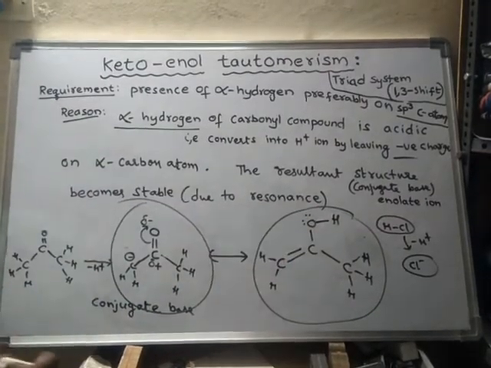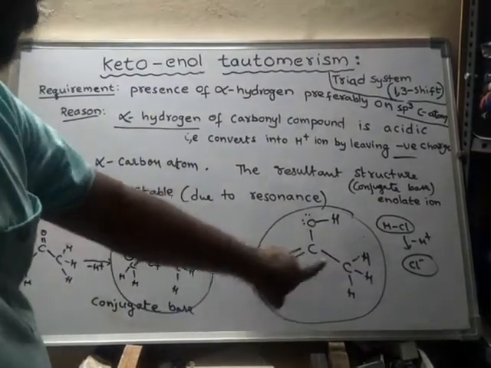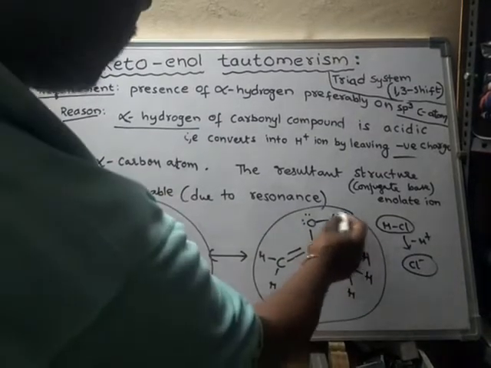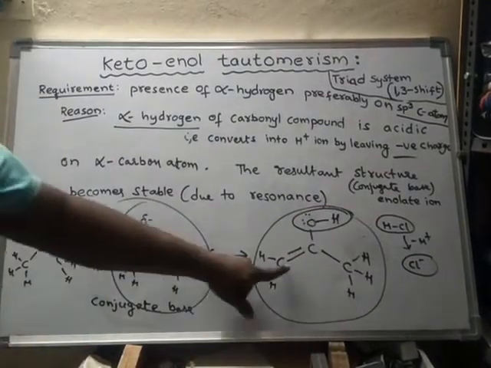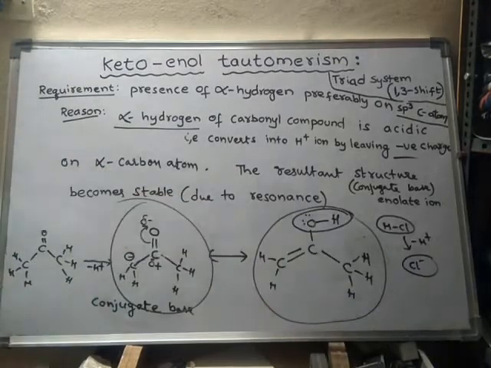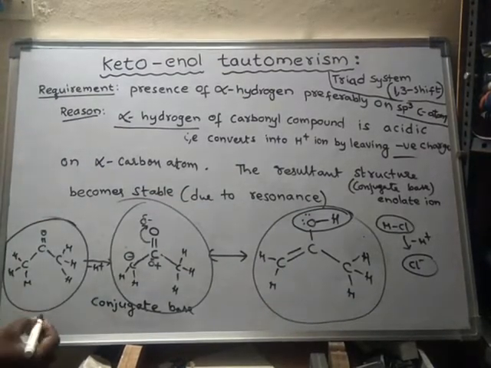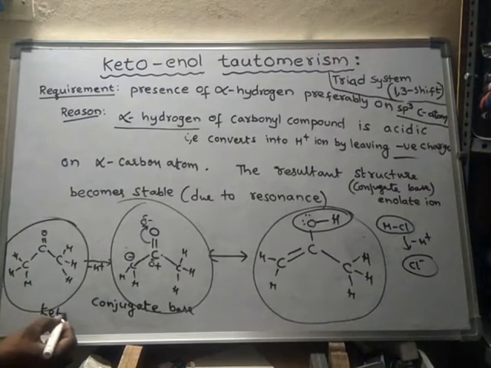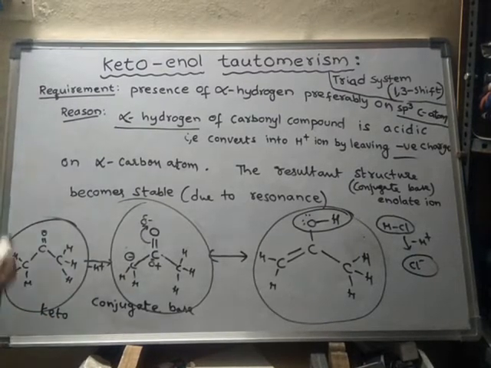Now that enolate is converted into enol, with an OH group and a double bond, en plus ol. The carbonyl compound is the keto form, like this.